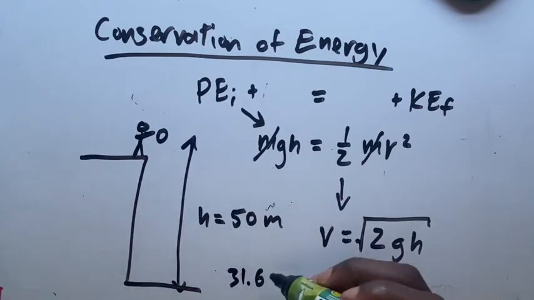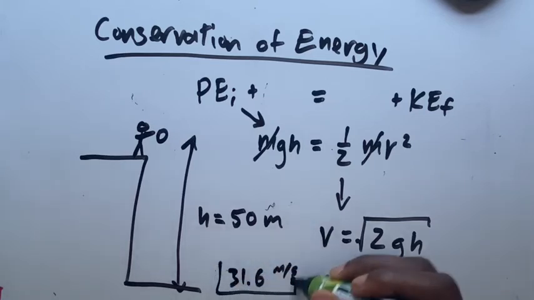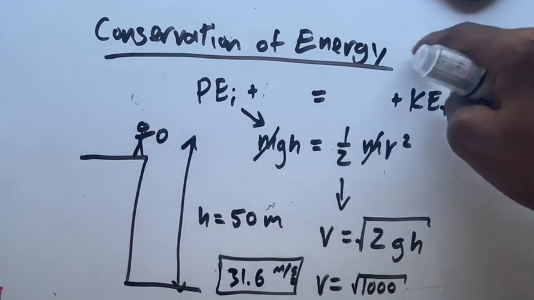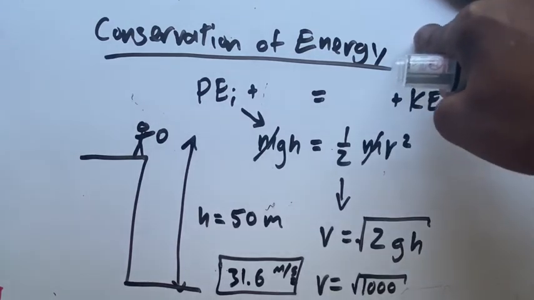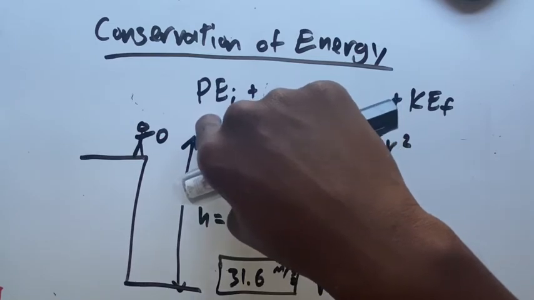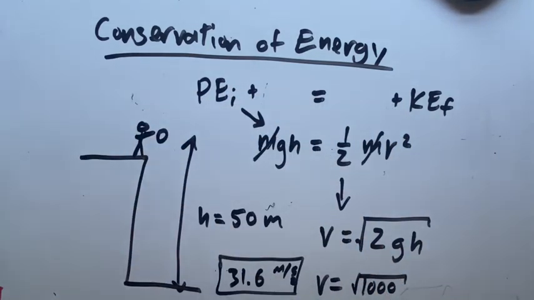Boom. Meters per second. So this is a useful thing, the conservation of energy, because just by knowing how high up we are, we can find the velocity of something if we drop it up there once it reaches the bottom. And it's going to be 31.6 meters per second.